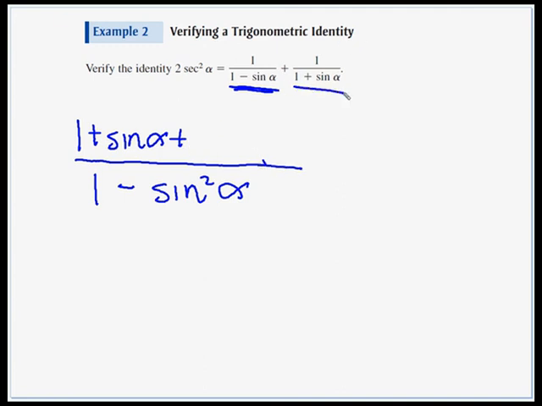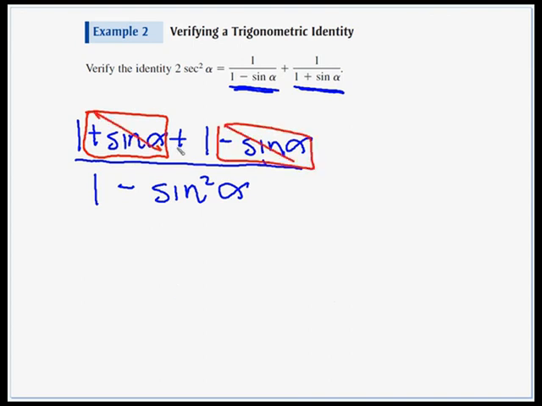This denominator we multiplied by 1 minus sine alpha, so we multiply the numerator by the same 1 minus sine alpha. Well, let's see if anything cancels. Plus sine alpha and minus sine alpha go away. So our numerator is 1 plus 1 is 2.